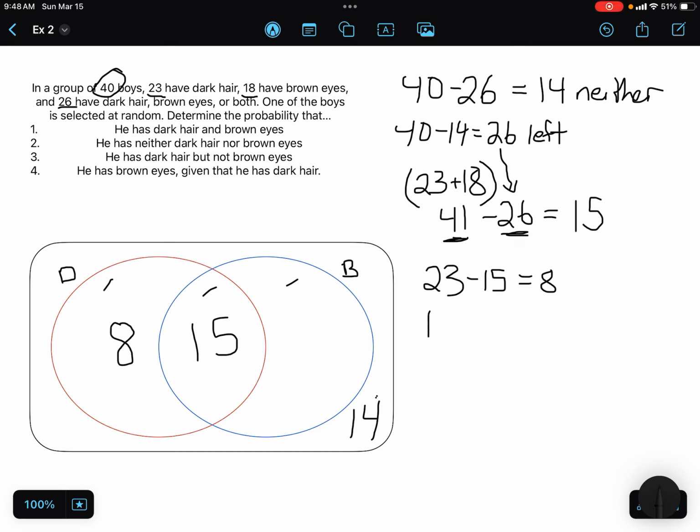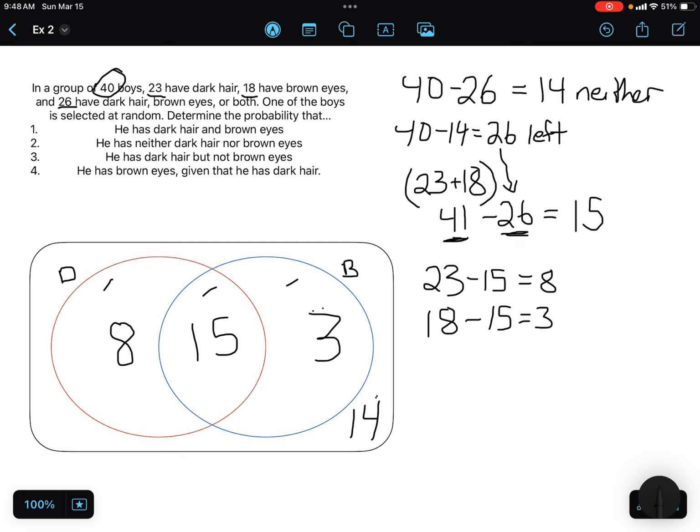Similarly, we know that 18 students have brown eyes, but 15 of those fall into the both category. That leaves 3 for the only brown eyes category, and now we have a complete Venn diagram.